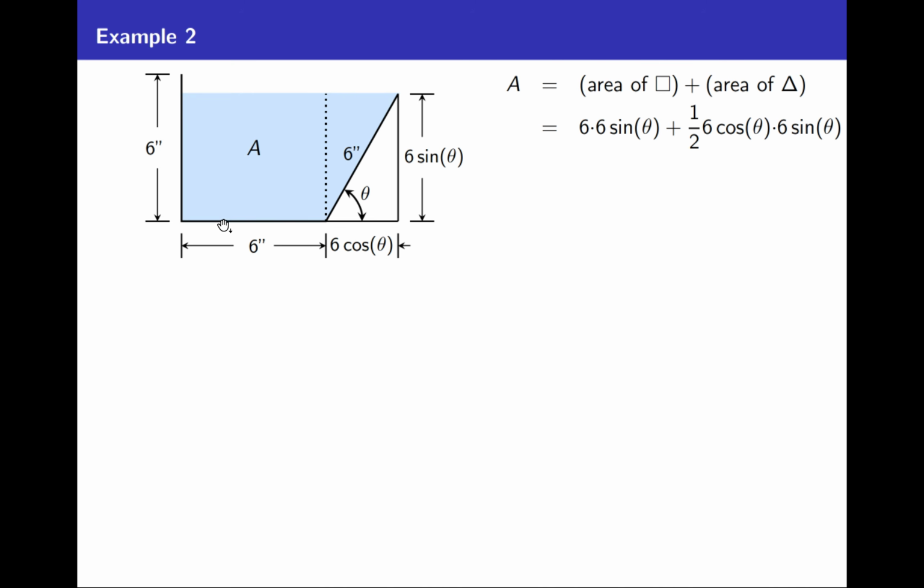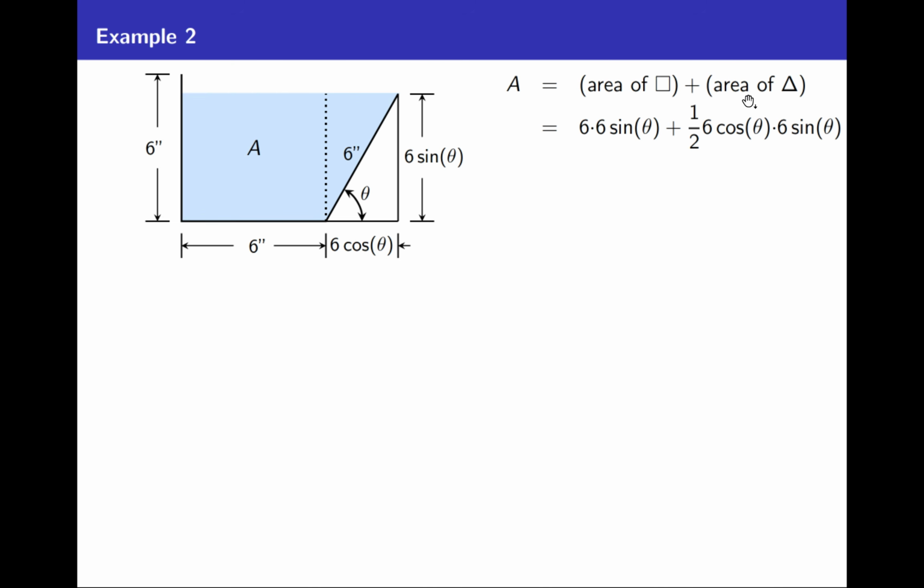Now its base is 6. Its height is this, which notice is 6 sine of theta. So base times height for the area of this rectangle would be 6 times 6 sine theta. Notice it's not 6 times 6. This height of 6 here is taller than the water. So 6 times 6 sine theta is the area of the rectangle.